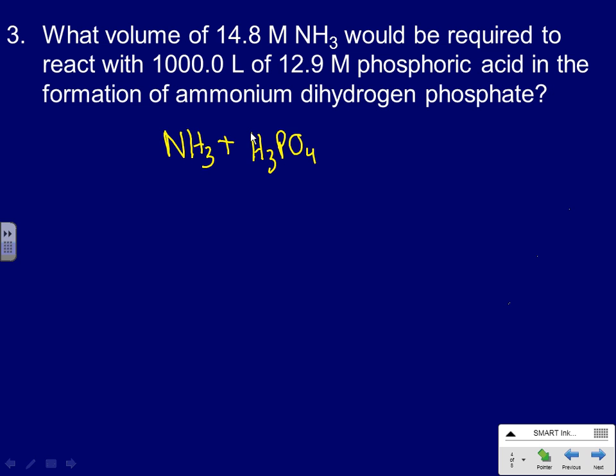H3PO4 comes from phosphate, which has a -3 charge. We fill it full of H pluses. We get H3PO4. Oops, I want an arrow at this point. Now, this is kind of an interesting reaction. What happens here is one of the H's falls off of the H3PO4 and is donated to the NH3, making it NH4 ammonium, and now we're left with a dihydrogen phosphate because that's what's left after it's given its H away.